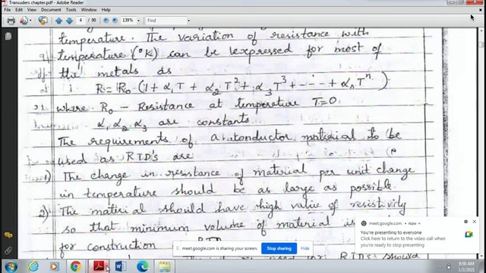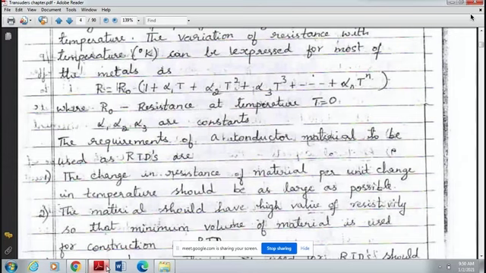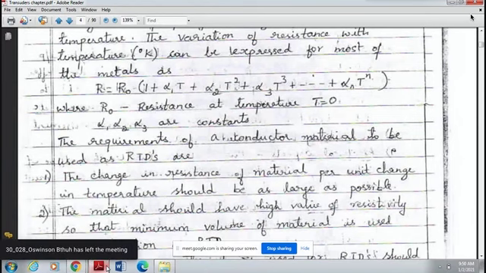Whatever change occurs in the material of the conductor for a change in the temperature, that resistance change should be as large as possible. So a smaller change in the resistance of the conductor should detect a larger change in the temperature.